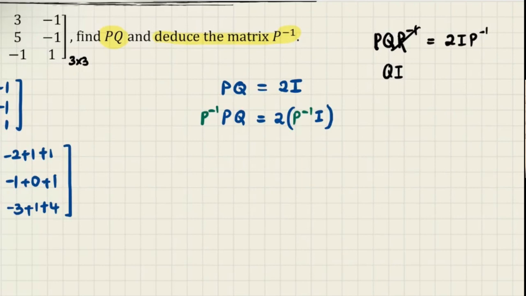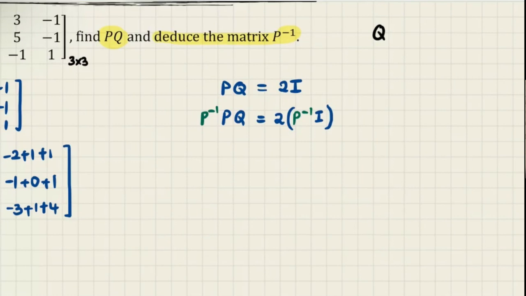So either P multiply by P inverse, okay, ataupun contoh so let's say kalau saya dapat macam ni, QP sama dengan 2I. So kalau case yang macam ini, saya akan darabkan P dekat belakang. So QP, P inverse equals to 2I multiply by P inverse.